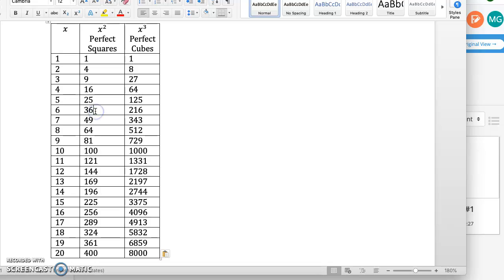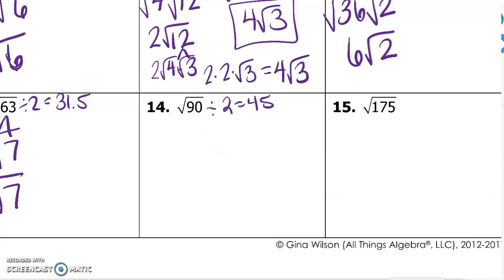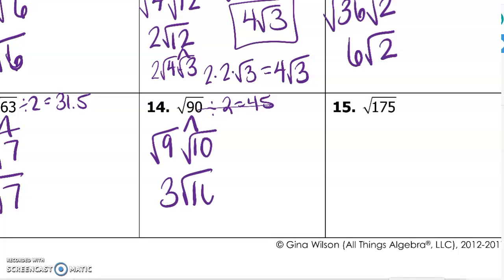You would start at 36. 90 divided by 36 doesn't work. 90 divided by 25 doesn't work. 90 divided by 16 doesn't work. So 90 divided by 9 is the first one that will work. So you're going to do 9 times 10. Again, you do not have to do this process if you know that it's 9 times 10. So square root of 9 is 3, square root of 10.